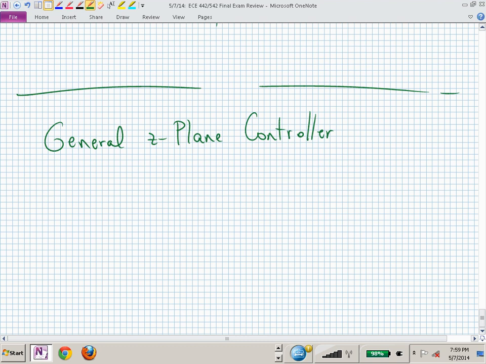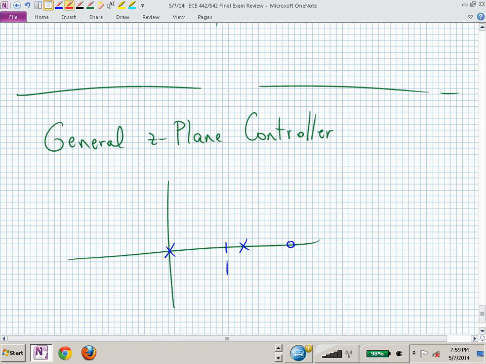What if I gave you a system, and let's say this is 1, and now you have a pole and a 0 and a pole? Can you stabilize that with a controller? Is it stable in the open loop?